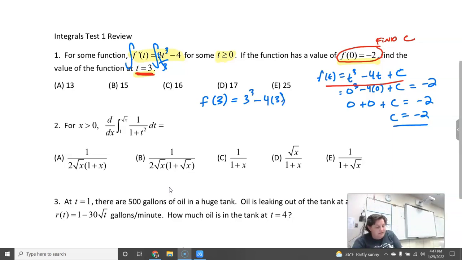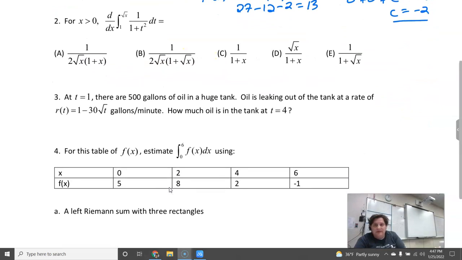But instead of plus a constant, I know that the constant is negative 2. So it's going to be 27 minus 12 minus 2, which is 15 minus 2 is 13. Okay? All right, so for number 1, I got A, which is 13. Okay? Awesome. Let's look at this next one.